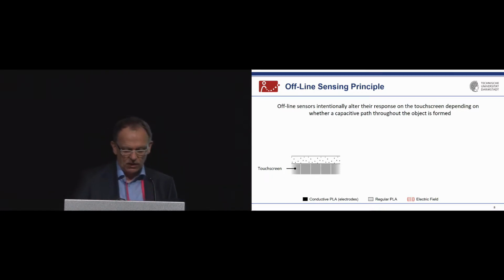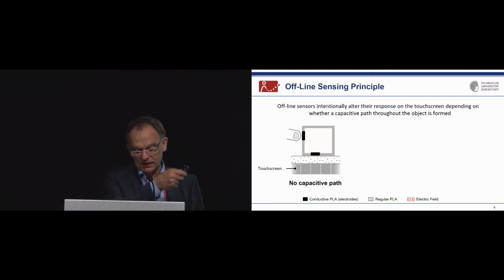Now, you want to know how these things work, of course, but before I can explain that, let me quickly explain how 3D printed objects provide their interactivity normally. What you see on the lower left is a cut through of a touchscreen surface with the electronics below and the rigid surface above.